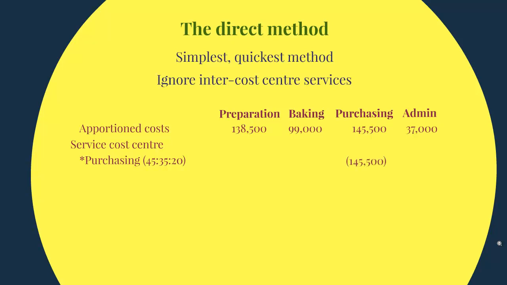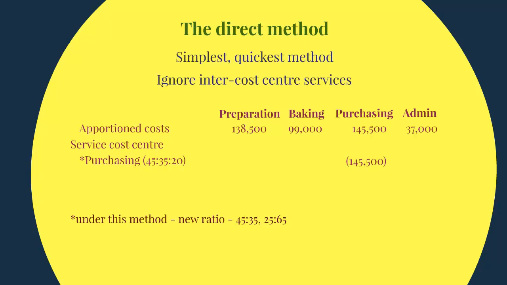So we need to now take this 145,500 figure and divide it by those percentages. However, we need to deduct the 20% because, of course, under the direct method, we ignore the work that one service centre does for the other. And so under this new ratio, we need to use just the 45 and the 35 figure.